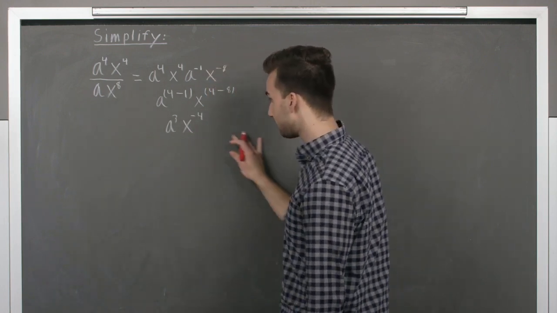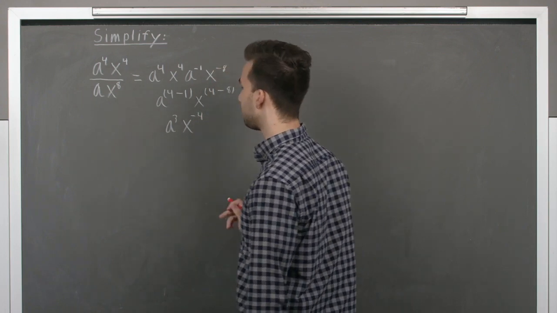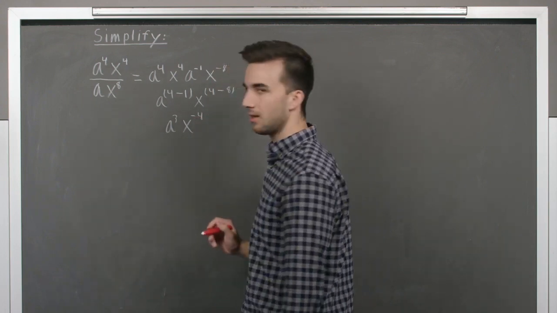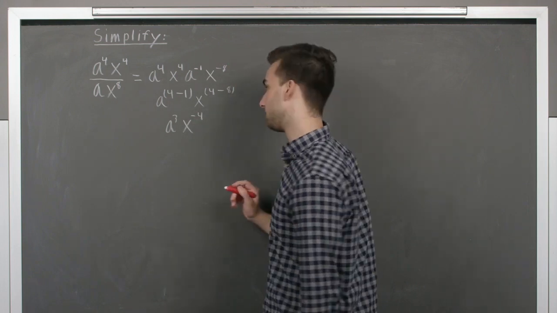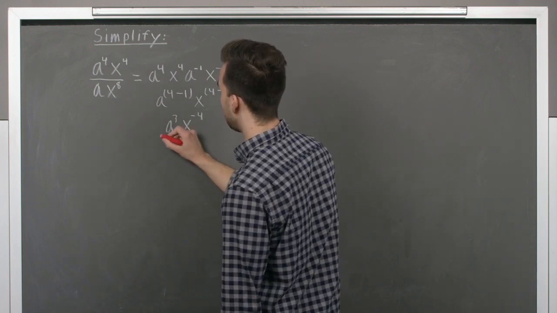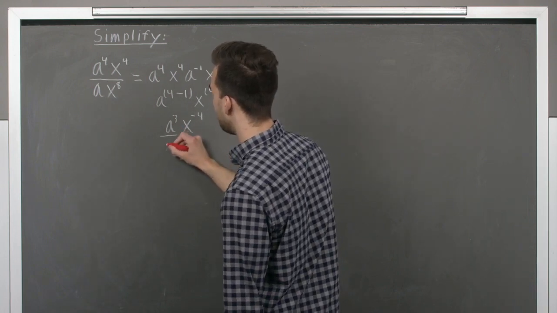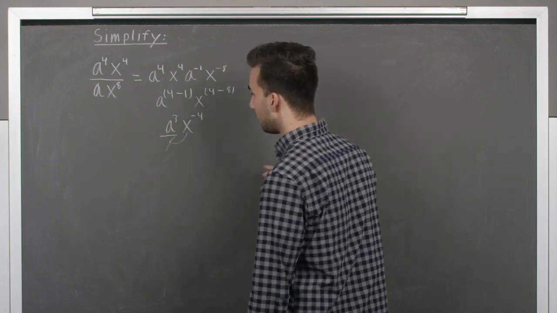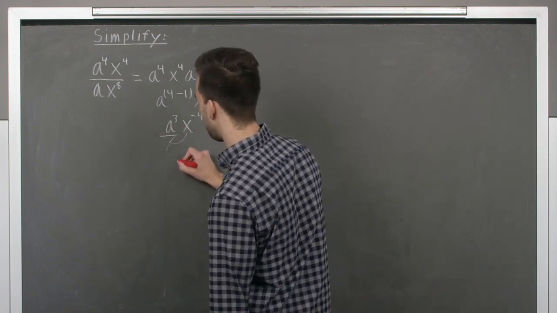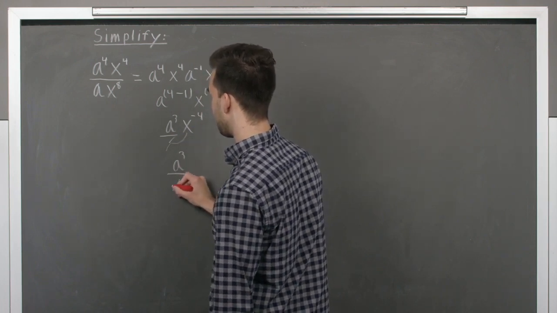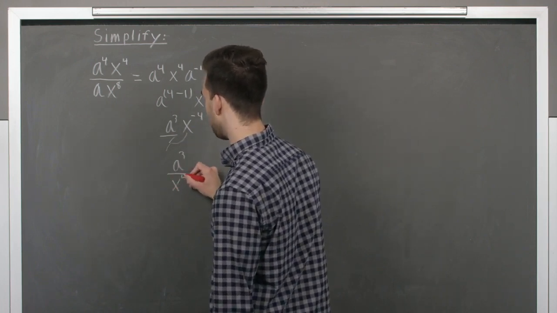Now, whenever we get to the final solution and we're left with a negative exponent, we don't want a negative exponent. So to make that positive, we just bring it back below the fraction bar, and it'll be positive under the fraction bar. So we can rewrite this all as a to the power of 3 divided by x to the power of 4.